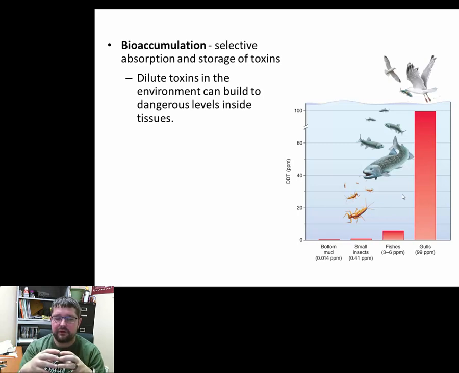What happens when DDT accumulates in the tissue is that it gets into the bird's system, and then it reacts with the capability of the bird to lay down shell material on the eggs. And so it caused the eggshells to be really thin. The egg would come out very, very thin, and sometimes it would just shatter when it hit the nest.